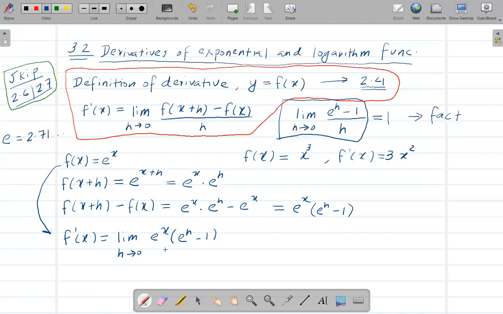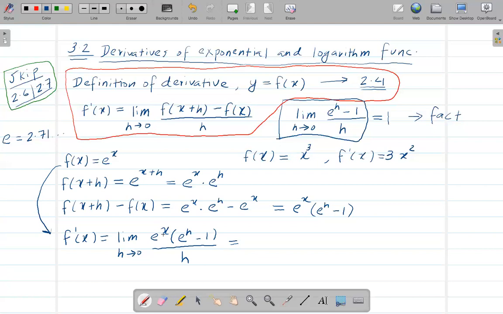And we got the numerator part, and over, we still have this h. Since I said this is a fact, it looks like I can use this fact somehow here. But we still have this e to the power x extra here, because here we don't have any e to the power x.